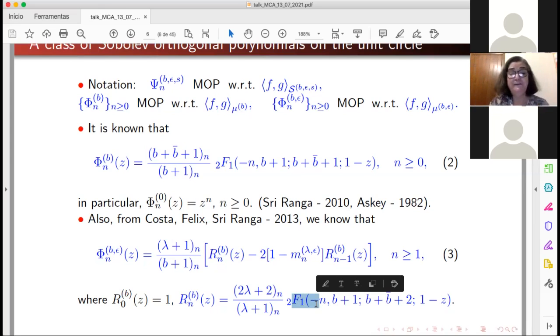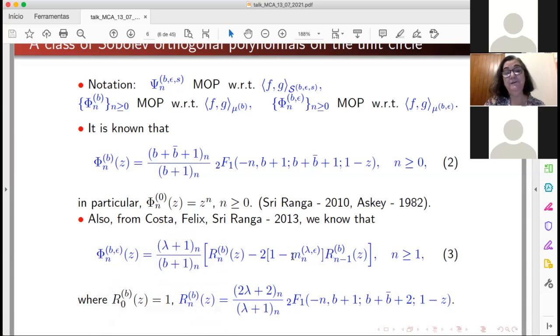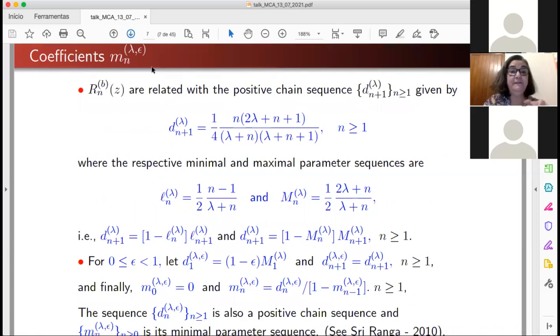Actually, these polynomials are related with para-orthogonal polynomials on the unit circle. And here they wrote these new polynomials, and here they use these coefficients that I just need to explain. This m n appears because the polynomials B and R are related with the positive chain sequence denoted by d n plus 1 lambda, given in this way, the same lambda greater than minus half.